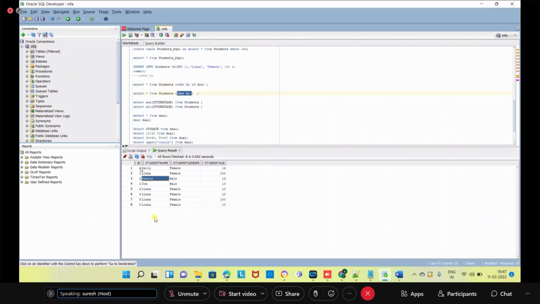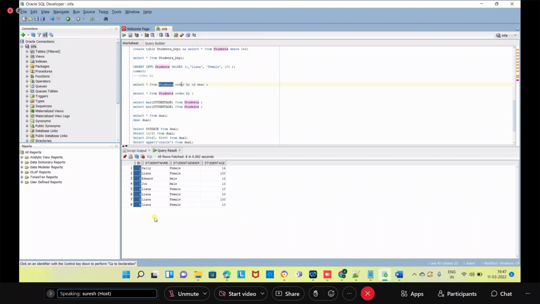But order by is a clause which orders the columns on the basis of some fashion, like in ascending or descending. So if you want the records to be printed in ascending order or else descending order, you have to go with the order by clause. Okay, sir, once you just tell the syntax for order by.